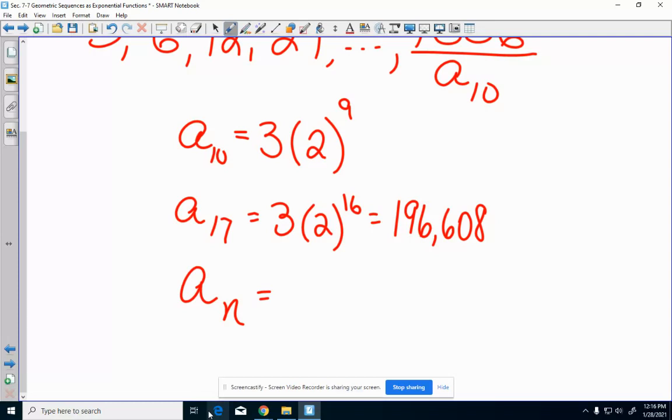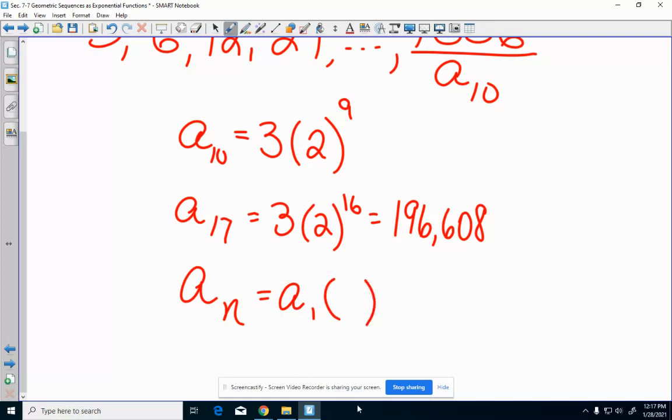This number's not always going to be a 3. Why? Because it can start with any number. So what am I going to write that would signify that I'm looking for the first number in the sequence? Not just 1, because 1 would make it look like the number's a 1. A1. Very good.